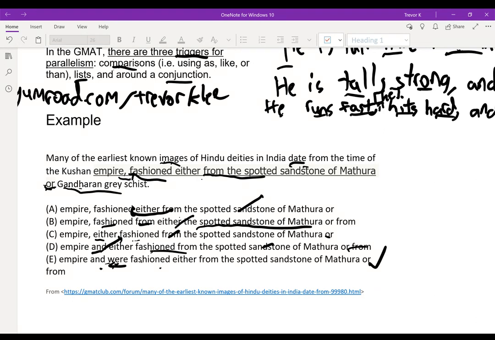So carried is actually, the boy isn't carrying anything. It's the passive participle. This is because English is dumb and we reuse words all the time. So fashioned here is the passive participle. It's saying the deities fashioned, right? Someone else fashioned these deities. This is passive, right? The deities didn't fashion anything.